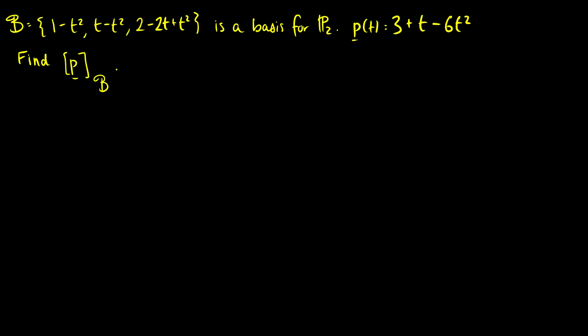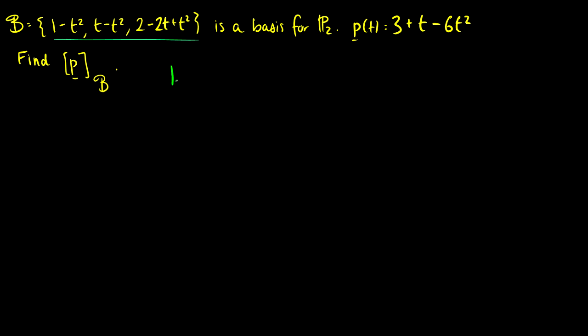So if we have a basis for P2 and we have a polynomial, then we can find the polynomial p relative to B. So we can write all of these vectors, these polynomials in the basis, into a matrix.